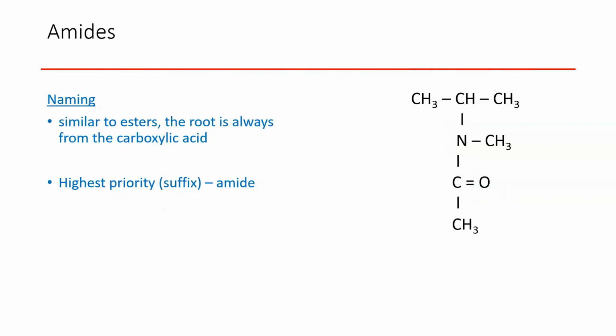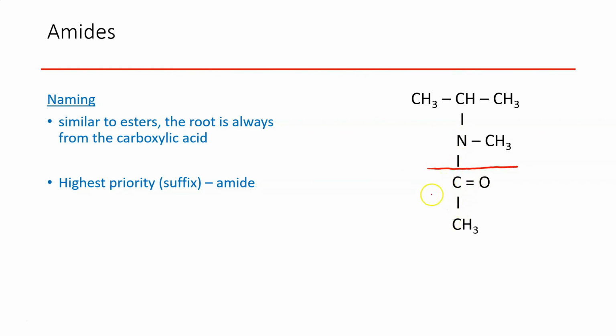So similar to carboxylic acids, my part that was a carboxylic acid will always be my root, and the other carbon chains would be named as side chains with their location stated as N, since they're bonded to the nitrogen. I will not give you an amide with a carboxylic acid, so we don't need to worry about the prefix for it. If I was to name this one, I'll draw a line between the carbon and the nitrogen.